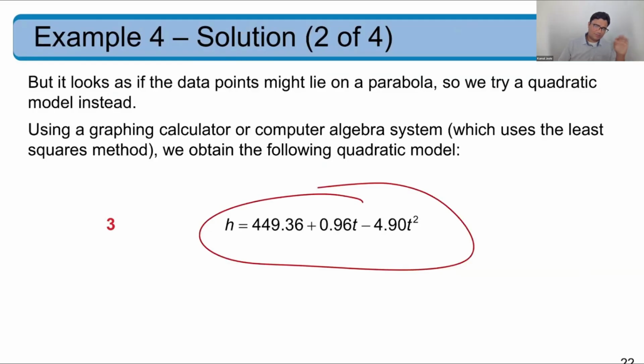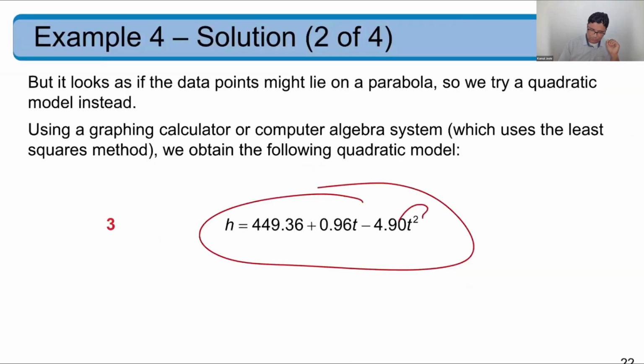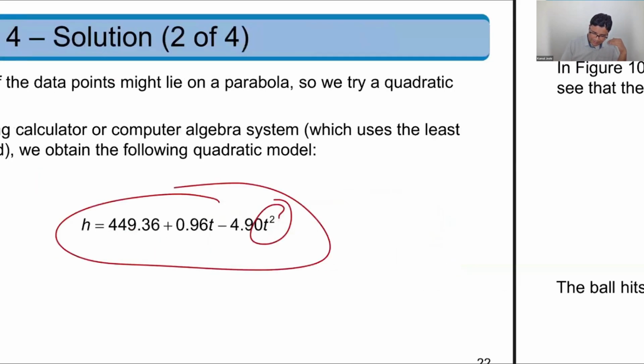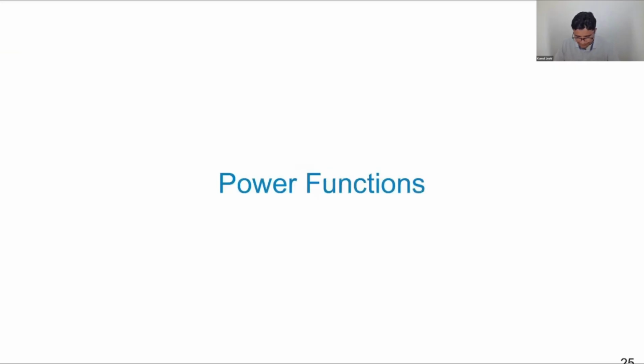Now, you can use a calculator to plot those points and then ask the calculator to give you the formula that fits. Okay. Turns out this is the formula that is the best fit. And as you can see, it is degree 2, right? It's a quadratic polynomial. Hence, the graph would be like this, and you can see it has the parabolic shape. Okay. So higher order models, beyond linear.